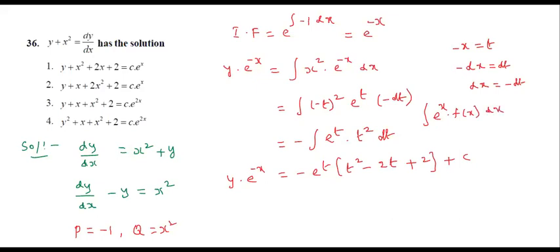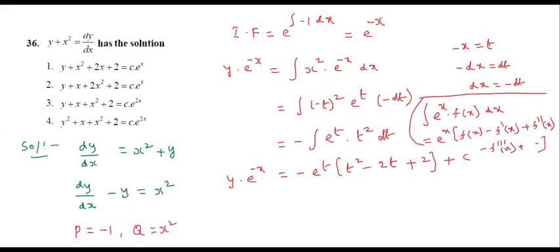So what is the shortcut formula, students? E power x into f of x minus f dash of x plus f double dash of x minus f triple dash of x and so on. This is a formula, right? We already know it very well from definite integration.